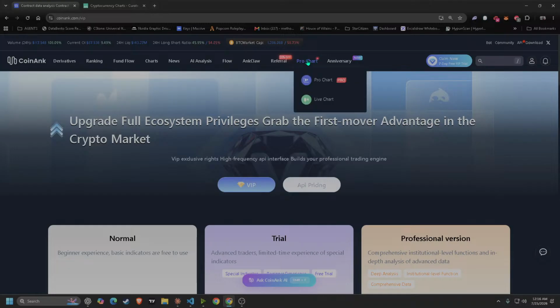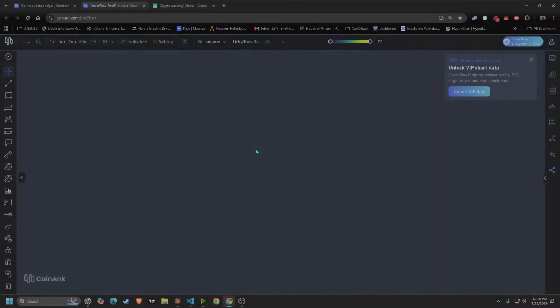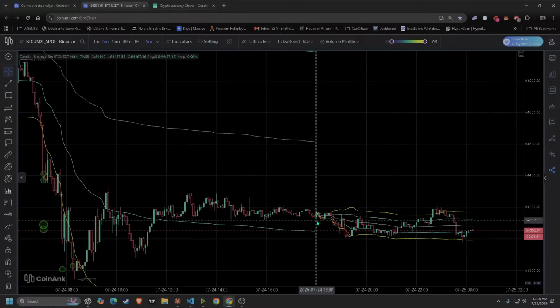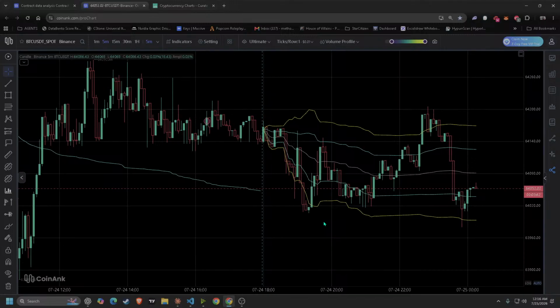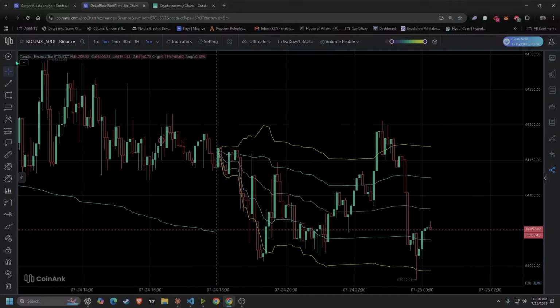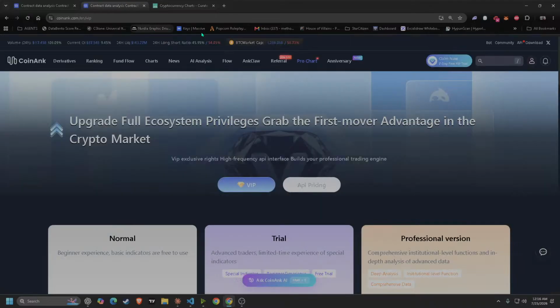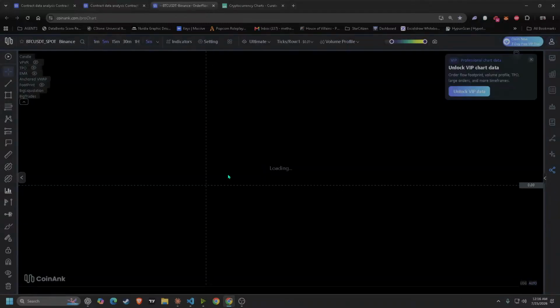I'll just take you into a chart. It doesn't have everything, but there's some free tools so you can get some free charting stuff, right? You can add in some more indicators, volume, etc. Some are premium, so it's gonna have you buy. I used it for a very long time before.